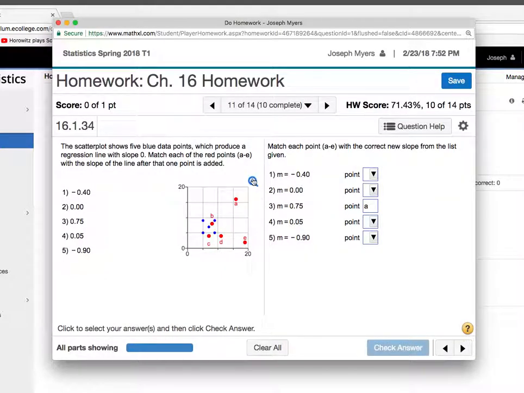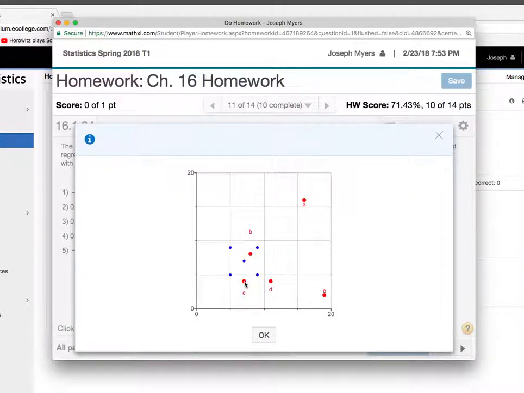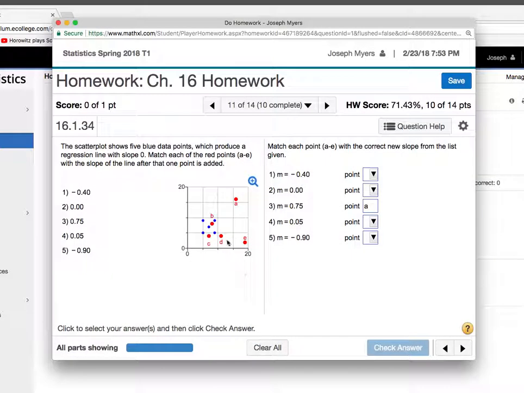Now the correlation, okay, so ready? Wow, this is complicated. Okay, well, let me go with C first. C is still right in the middle, so I would still say the slope would be 0 if you had C in it.